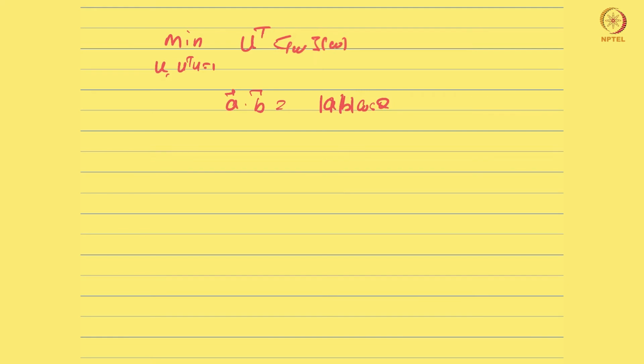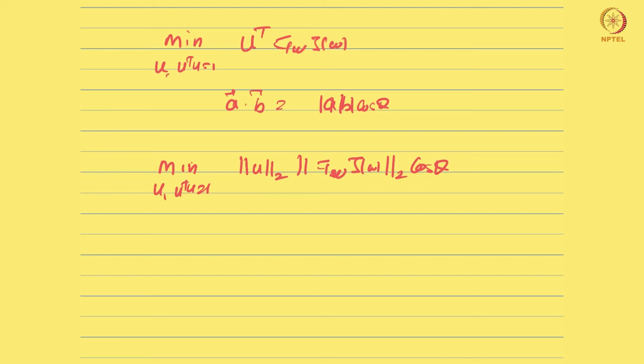So in this case also we can write, in the notation we are using, minimize with respect to u, subject to u transpose u equals 1. We can write this as the norm of u, the length of u, times the length of the gradient vector gradient w J of w, times cosine theta. Okay. So when is this maximum? Because we want to find the direction in which J would decrease the fastest, right?